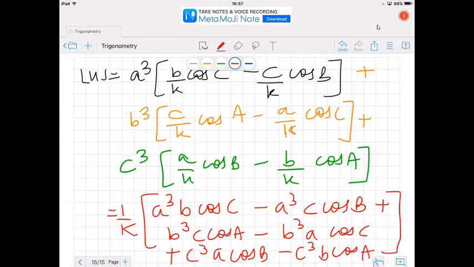Okay, it is just that I have expanded the entire equation. I've opened the brackets, I've taken 1 by k common and बाकी सारे terms को multiply करके एक साथ में इकट्ठा लिखा है मैंने.